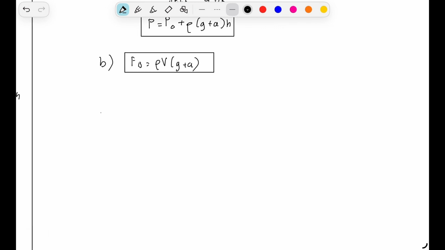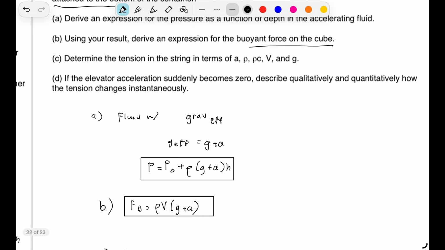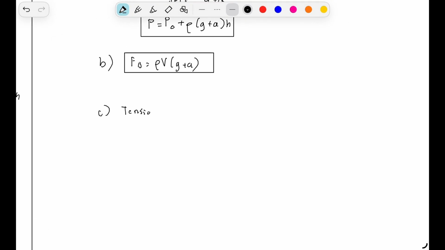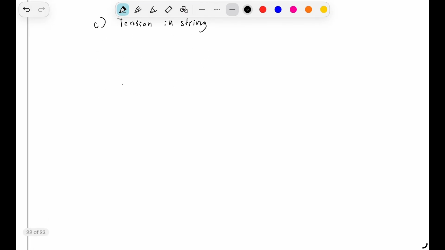Now, what's the tension in the string? For the tension, we have some things acting on our cube.